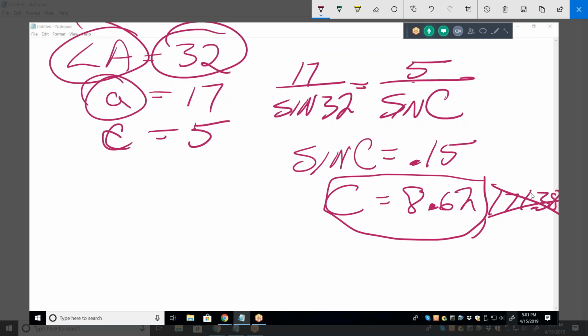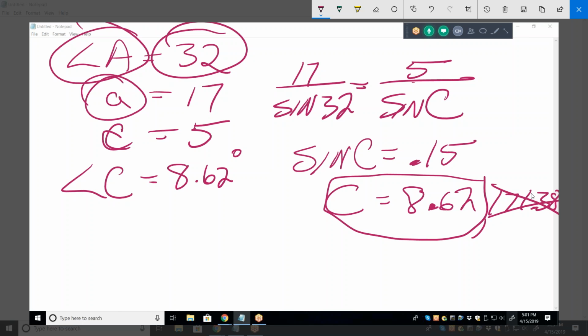In other words, we've got angle C, 8.62 degrees. Now we got angle A, we got little a, we got angle C, we got little c. We don't know anything about B. So what's the next step? You can use law of sines again.